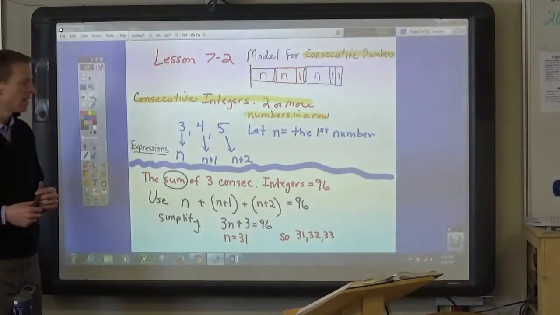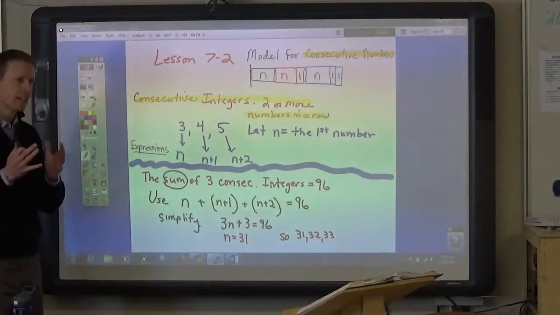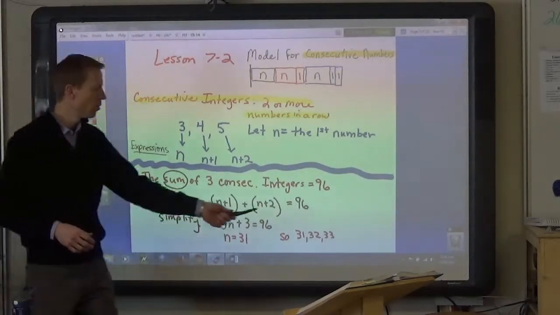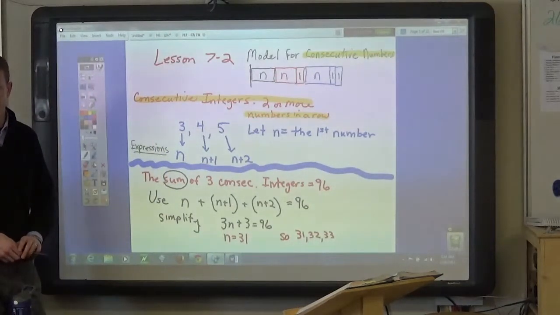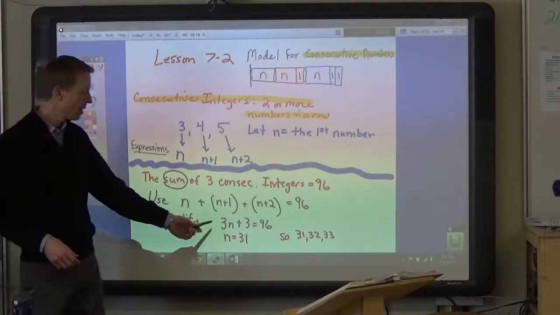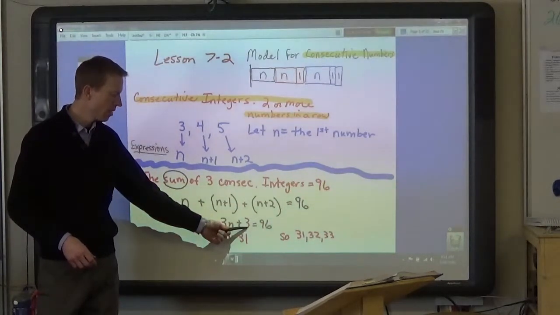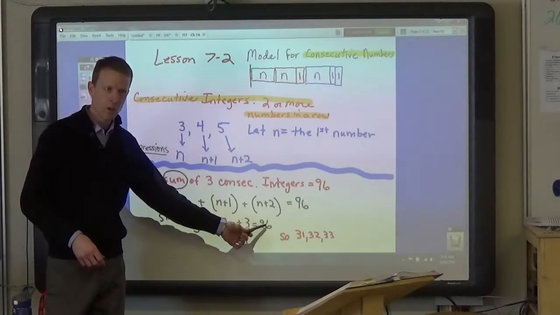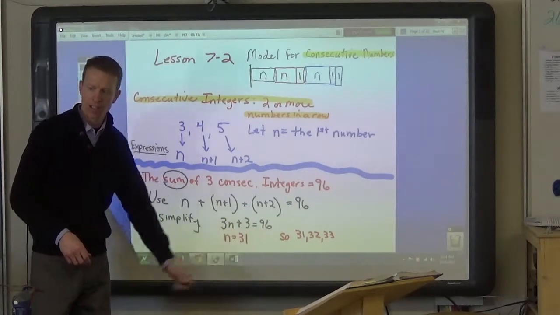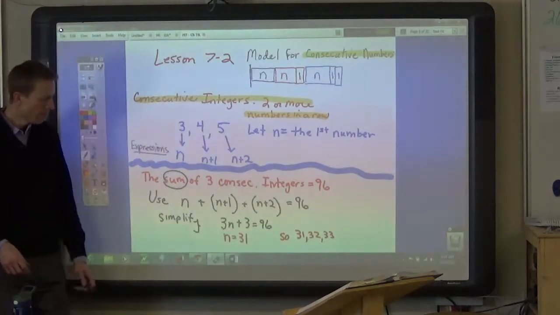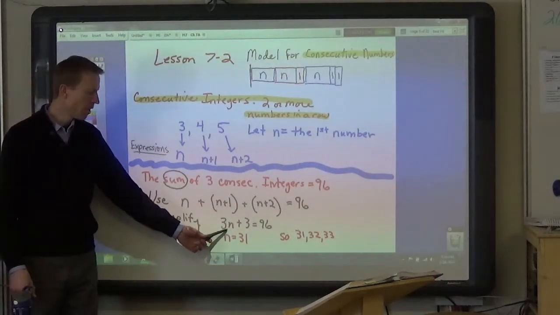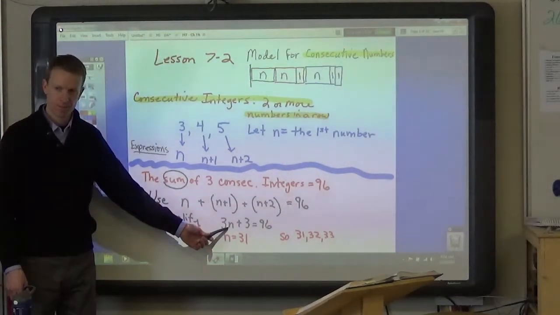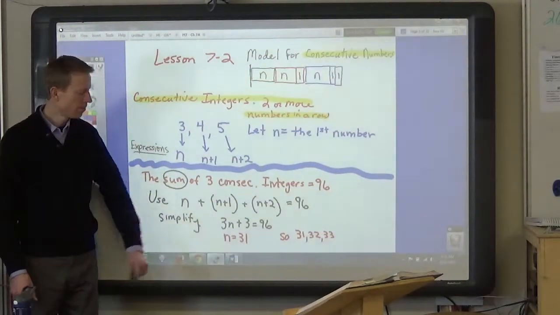Now, let's say that those 3 consecutive integers add up to the number 96. Well, then we can write this expression, 3n plus 3 equals 96. We know that it equals 96 if we add them all together. And then you can prove it by solving for n. Okay?